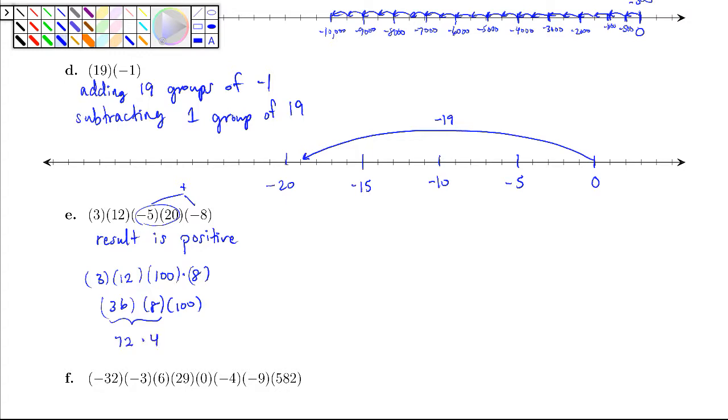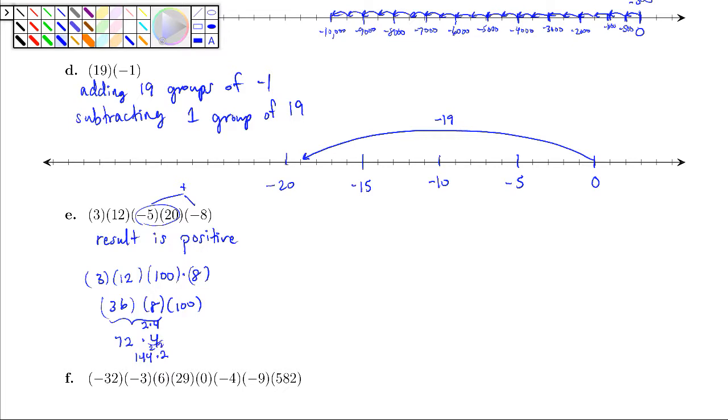times 4. I'm trying to do this mentally. I could use a calculator too, or scratch it out stacked ways, but I'm separating that 8 into 2 times 4 and multiplying the 36 times 2. 72 times 2 is 144. So this is a 2 times 2.